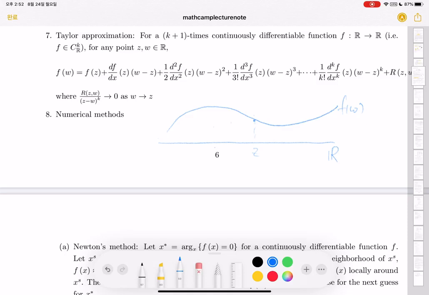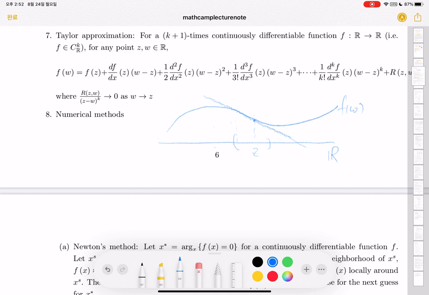For example, you can think of a linear approximation here. Then at least in this vicinity, this linear function is a pretty good approximation of the true function f of w, right?